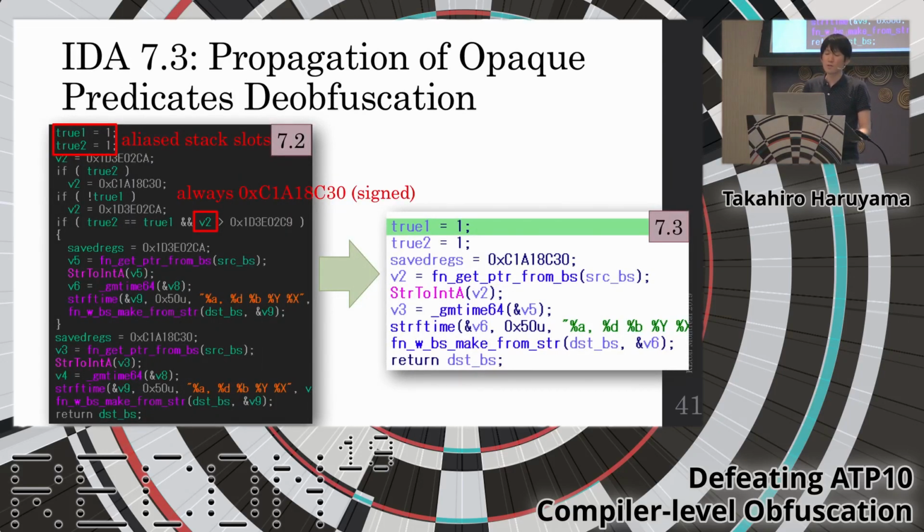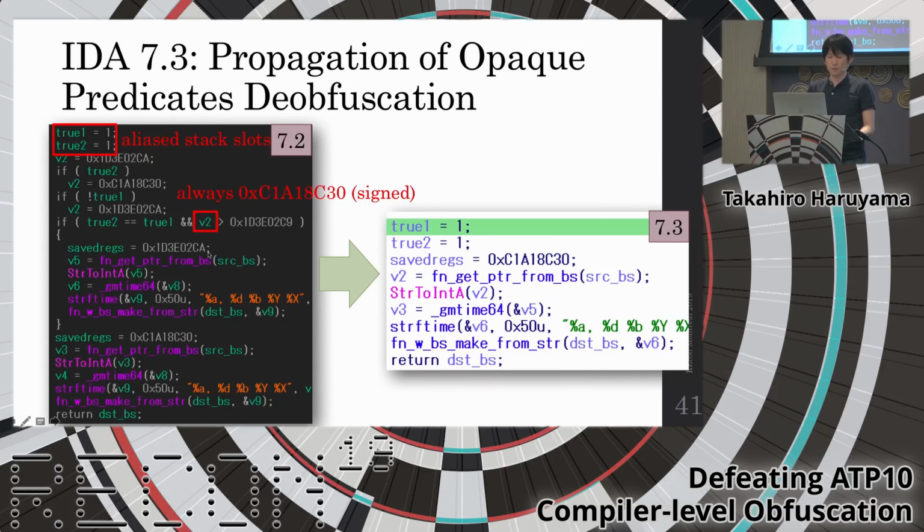About the first improvement, IDA 7.2 does not propagate opaque predicate de-obfuscation results if the values are alias to stack slots. That means indirectly referred as stack values. So the V2 value will be this value, and it's signed.